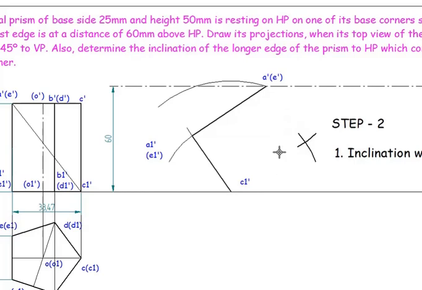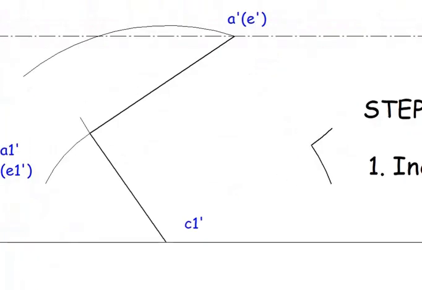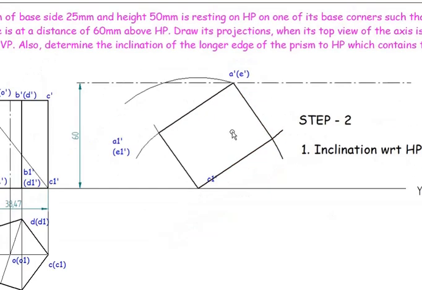Then just rub this. Don't retain any construction lines. So this is how you're going to be constructing it when you do manual sketching. So I'm going to rub all these construction lines.